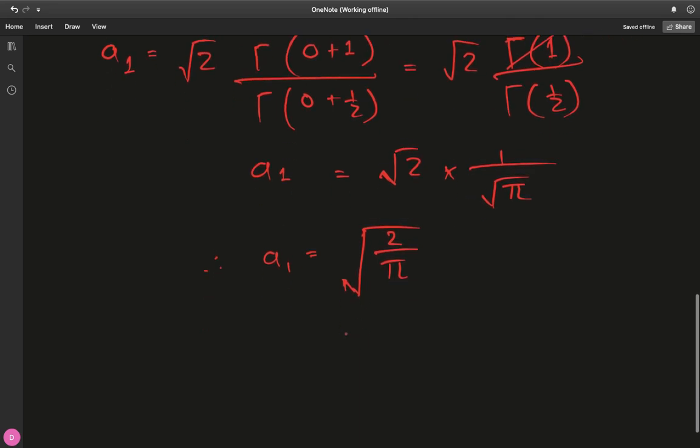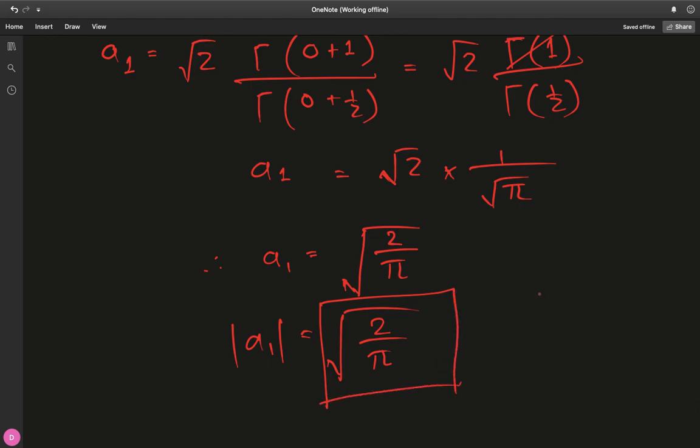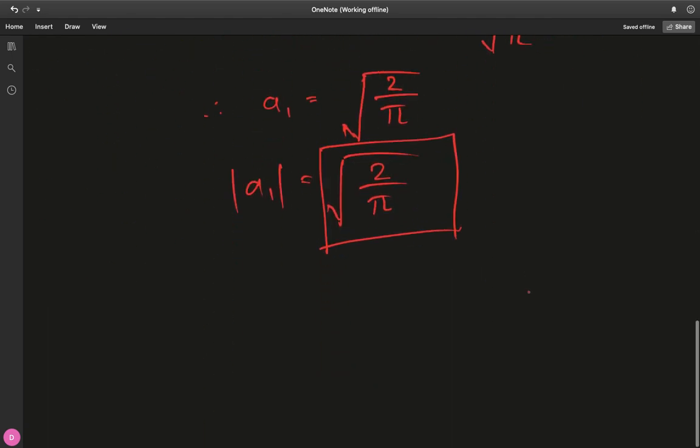And what were they telling us to find again? A sub 1, but the absolute value. Since this is positive, we don't need to bother about the sign change. This is just going to remain square root of 2 over pi. And that's how we solve a Putnam sequence problem.